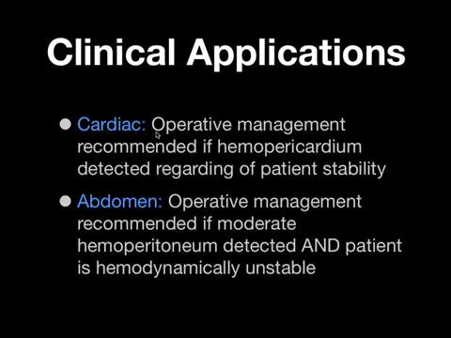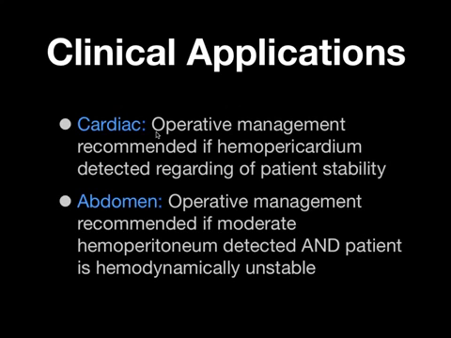From the abdominal standpoint, operative management is going to be recommended if you've got a moderate amount of hemoperitoneum and the patient's hemodynamically unstable. Hemoperitoneum in a stable patient, it's clearly recommended in the literature that these people undergo CT scanning to further define the injuries.